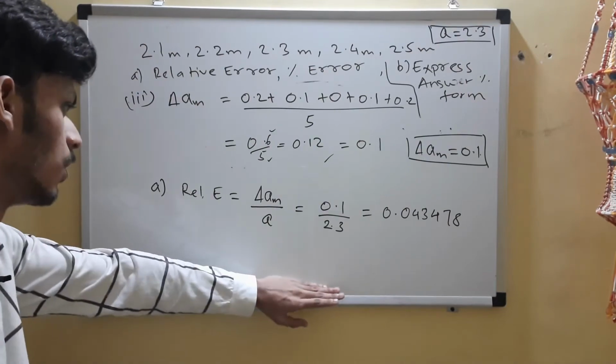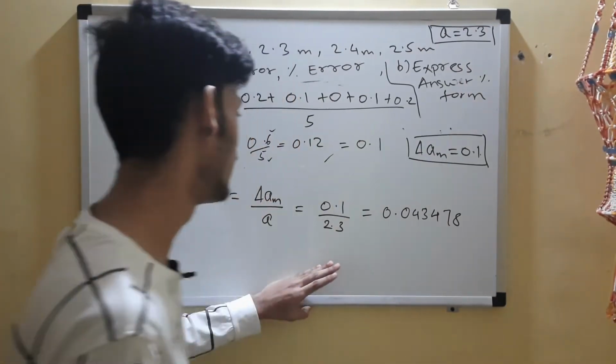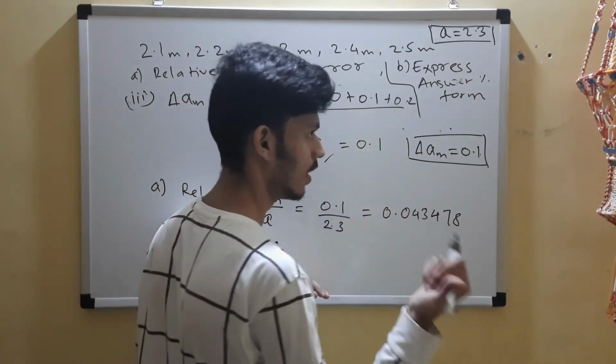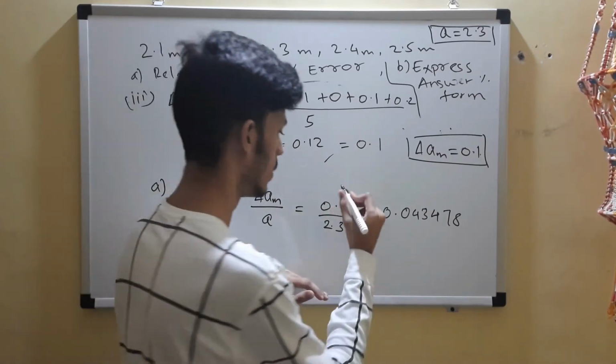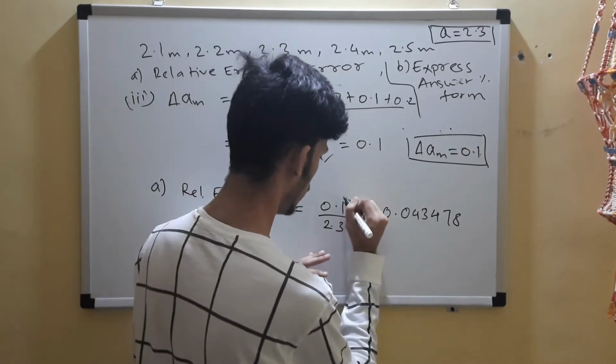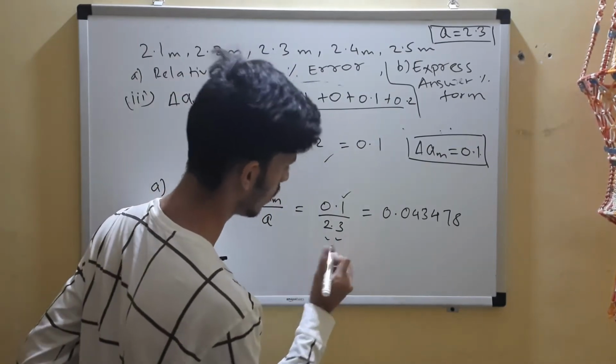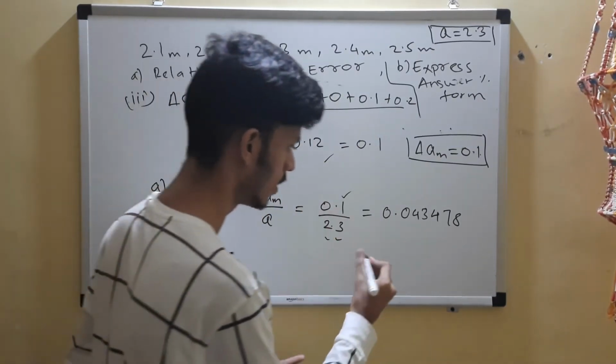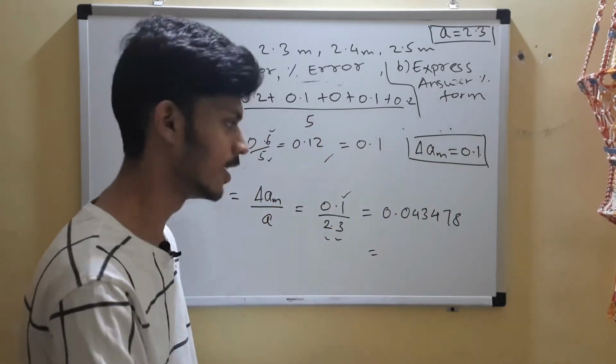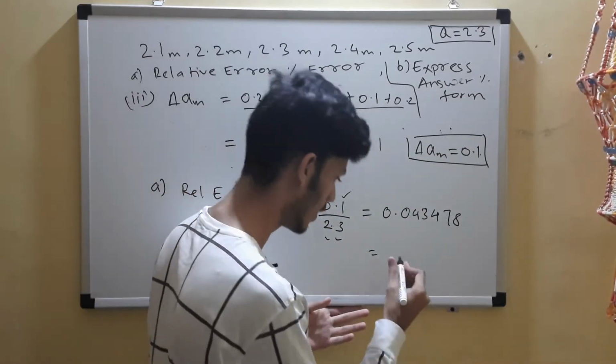Now again remember significant figures. You have to remember significant figures for the problems of error. Here we have one significant figure and here we have two, so we have to round it off to one significant figure. Visit the previous lecture if you are blank now.